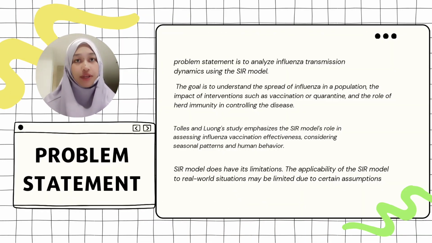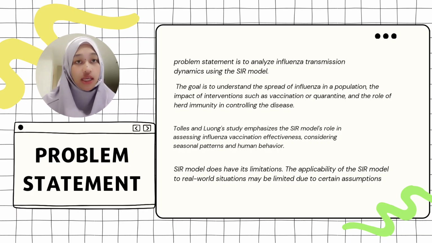For the problem statement, the focus is on analyzing influenza transmission using the SIR model, aiming to understand spread, intervention impacts, and herd immunity. The discussion acknowledged the SIR model's limitations and aims to explore adaptation for better accuracy.